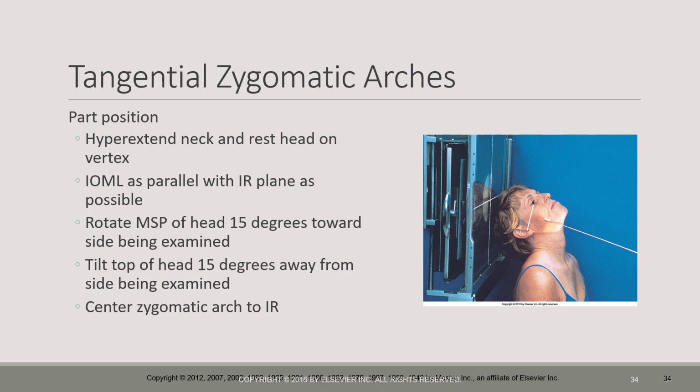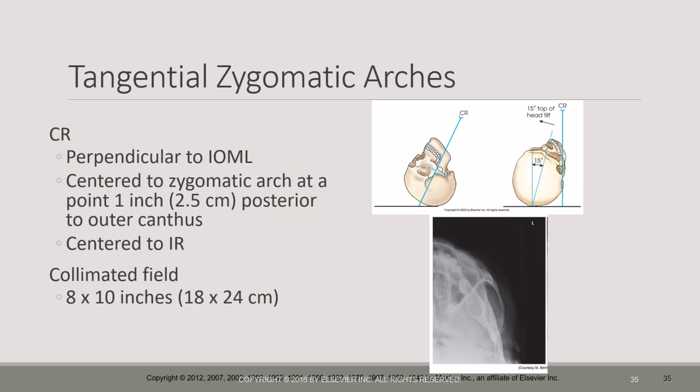Because of the way that the zygomatic arches bow out on the SMV, we're exaggerating that bowing by manipulating the head in these two directions. So rotate toward and then tip away, both of those 15 degrees. Okay. And you just get a very nice tangential view of the zygomatic arch. And it's supposed to look like that radiograph there.